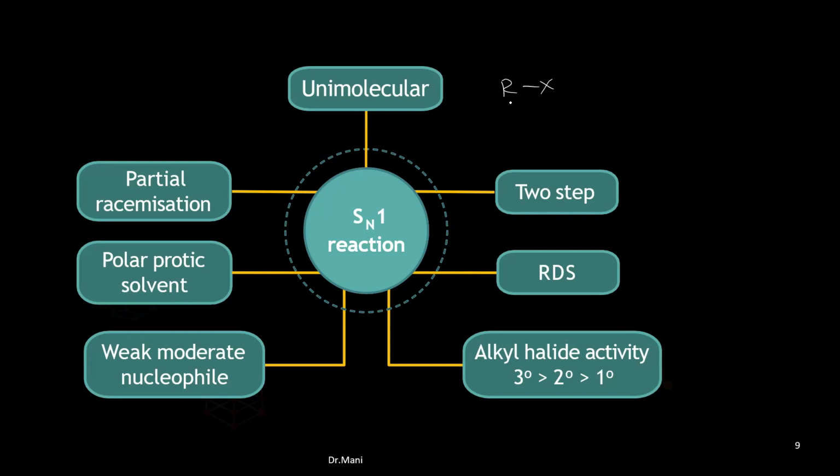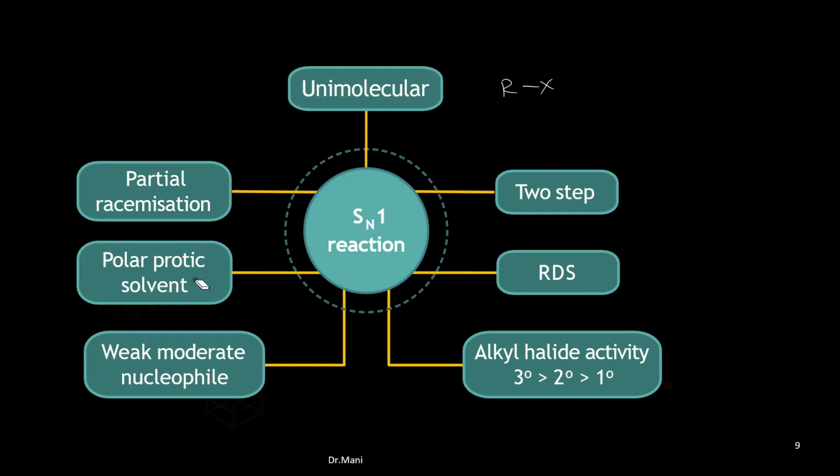Next one, partial racemization. We studied that if it is greater than 50%, it is inverted, and less than 50%, it is retained. That kind of racemization we call partial racemization. And what is the meaning of polar protic solvents? We saw that if an SN1 reaction happens in a polar protic solvent, it is most favorable compared to polar aprotic solvents.